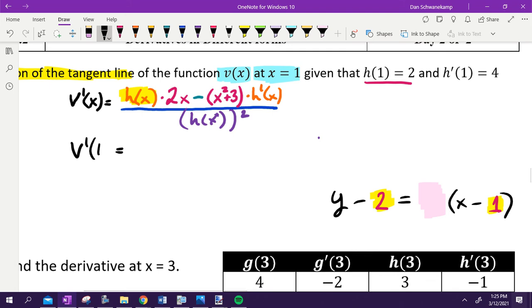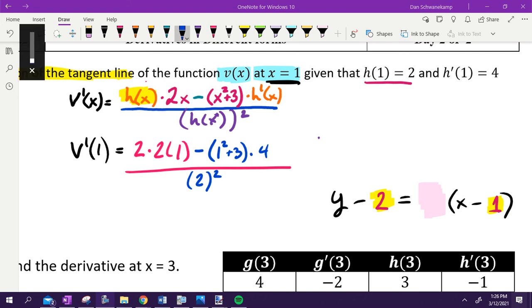We're finding v prime at 1. My fault. I got distracted. v prime at 1. If I'm finding v prime at 1, how do I do that? Yeah, it tells us. It's right here. Okay, h of 1, it's right there. h of 1 is 2. Times 2 times my x value. Well, my x value is 1. Keep going. Try to simplify that down. See what you get.